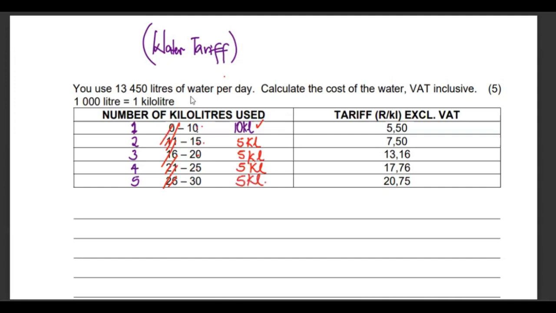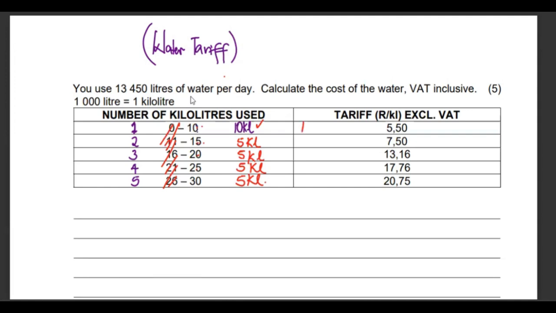So the first 10 kiloliters you pay 5,5 for each kiloliter. Then the next 5, you pay 7,5 for each kiloliter. So how much shall we pay if we are at the maximum payment for bracket 1?